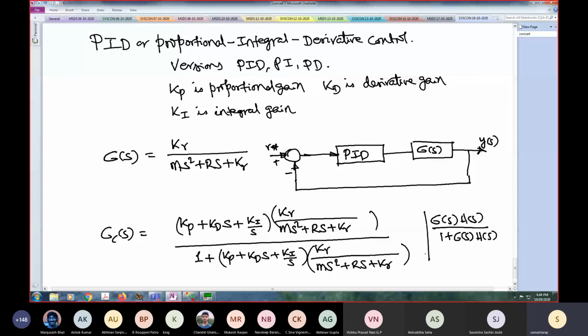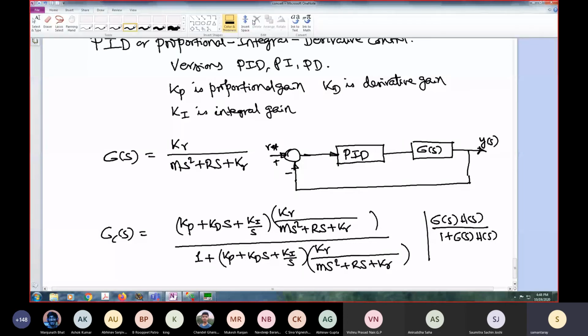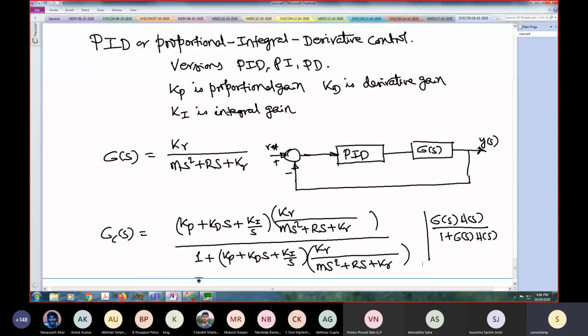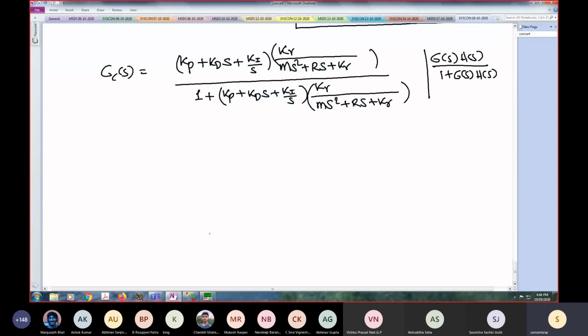So this is the thing, and we can simplify this. Multiply top and bottom by S into Ms square plus Rs plus Kr, to rationalize this.